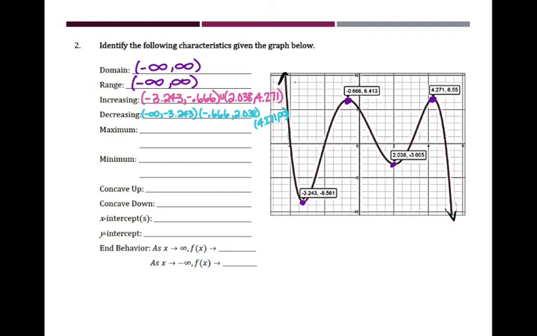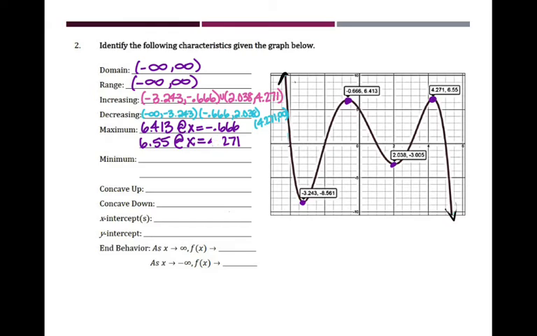So for example, my first maximum is 6.413 at x equals negative 0.666. I also have one at 6.55, and that is when x equals 4.271.